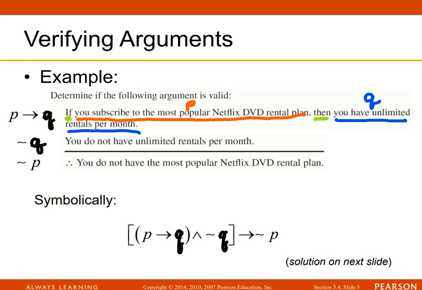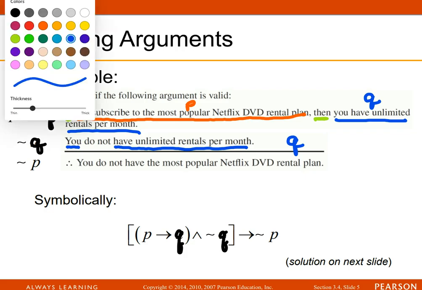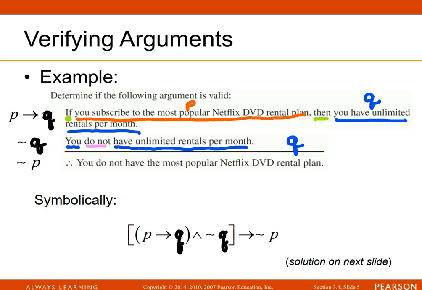And then it says you do not have unlimited rentals per month. Now remember, the part that says you have unlimited rentals per month, that is Q. However, they are putting in front of that a do not, which means that is the negation.